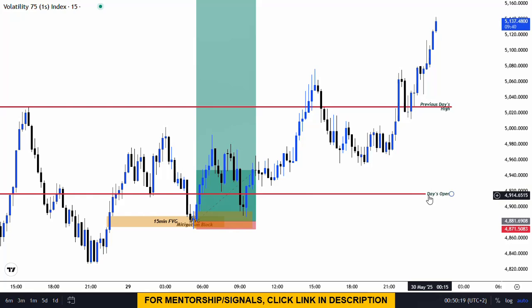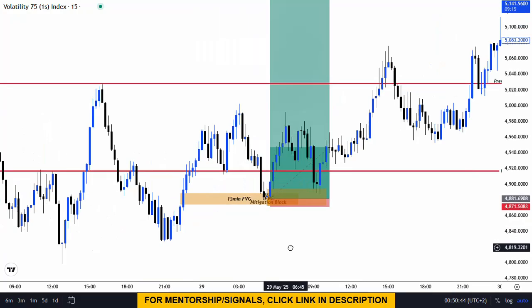I don't know how to say it more clearly than that, but that's what you are looking for. So already below this line here, what do you have? You have this fair value gap right here. So when price dropped down to that fair value gap right there, what are you looking for?